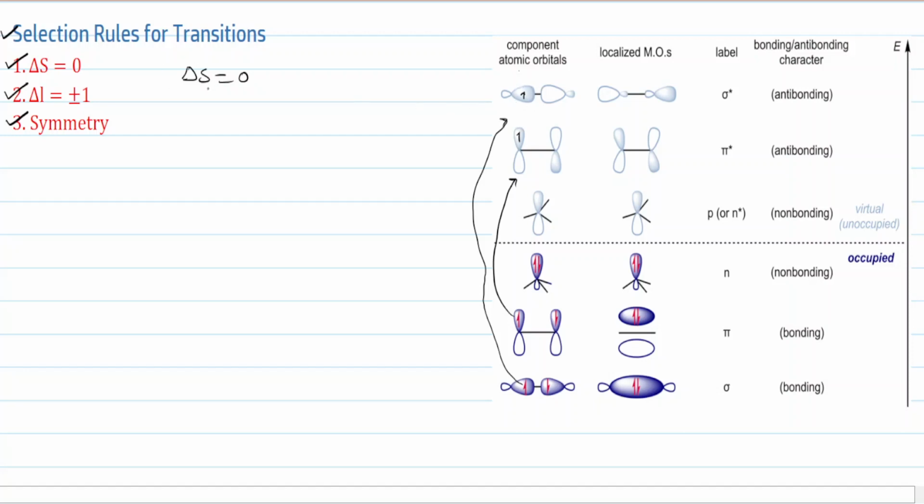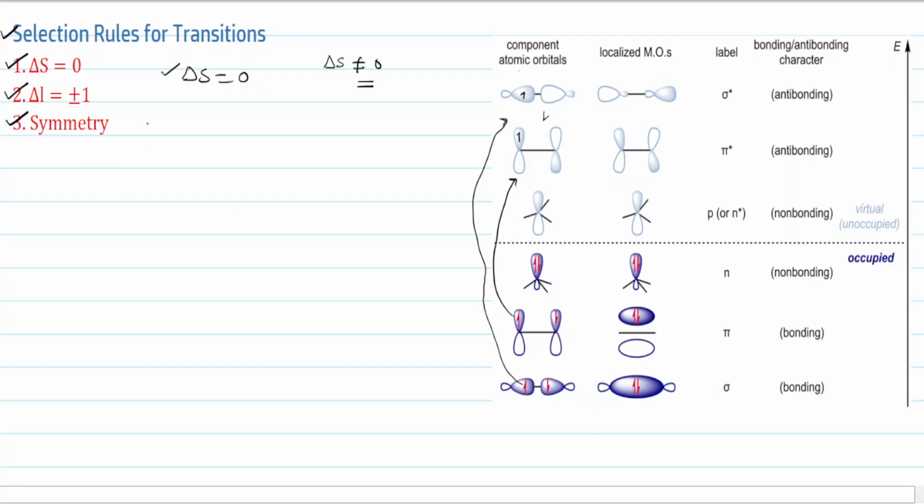That's why delta S is equal to 0. If the spin after promotion changes, that is it becomes in a downward direction, then delta S is not equal to 0. In such case, if the spin is changed, then the transition is forbidden. And if delta S is equal to 0, the transition is allowed. All types of transitions are allowed according to this delta S is equal to 0.